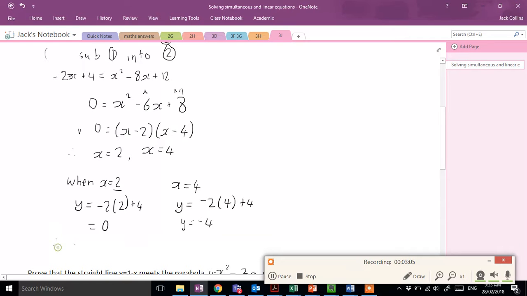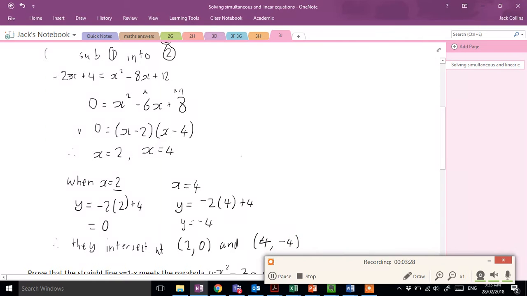So therefore they intersect at (2, 0) and (4, negative 4).